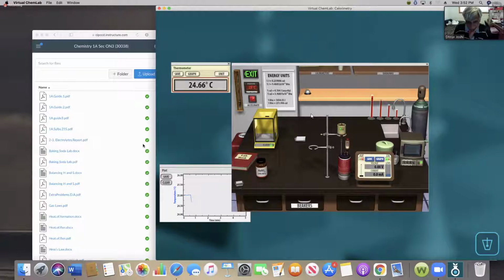This one is very quickly going down in temperature. Look at that. An endothermic process.